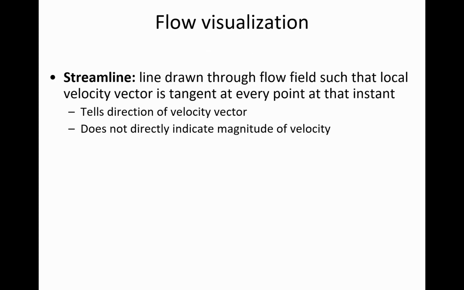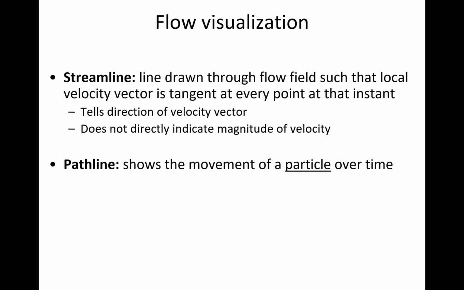All right, so a streamline is showing the direction of the velocity, but it doesn't tell us the magnitude directly. There is a way for us to figure out the magnitude of the velocity, and that is if you connect the dots for the path that a particle has taken over time.